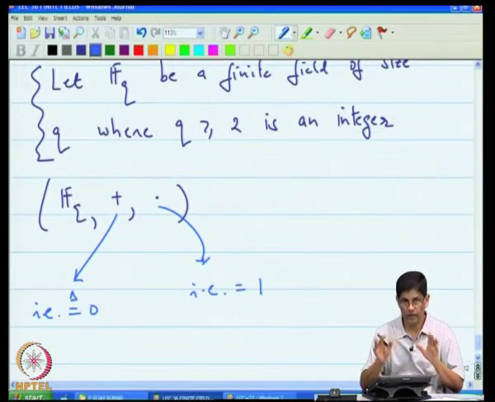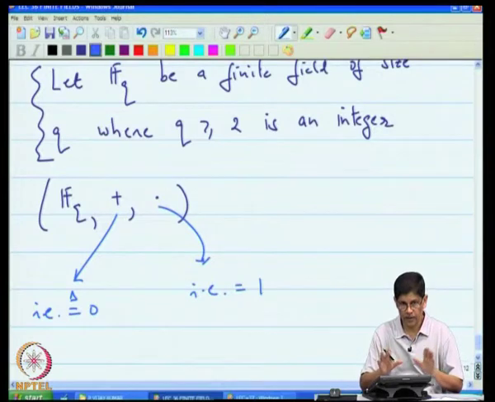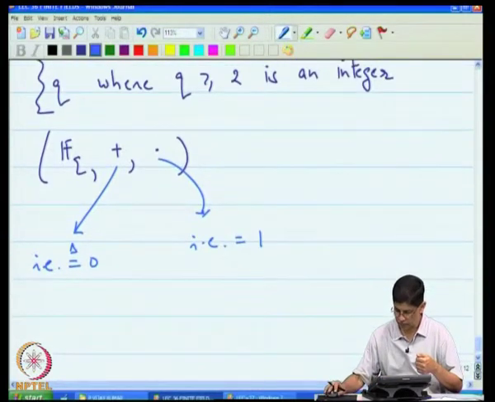Okay. Because right now we are looking at an abstract object and all that we know about it is that it is a finite field, but we know because it must satisfy the axioms of a finite field that there must be an additive identity and there must be a multiplicative identity. So, in terms of notation we are going to denote the multiplicative identity by 1 and the additive identity by 0. All right.